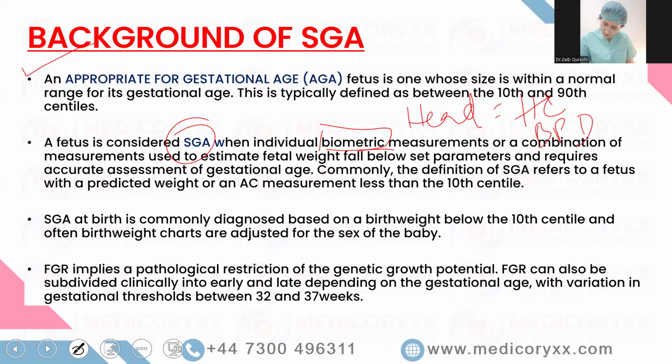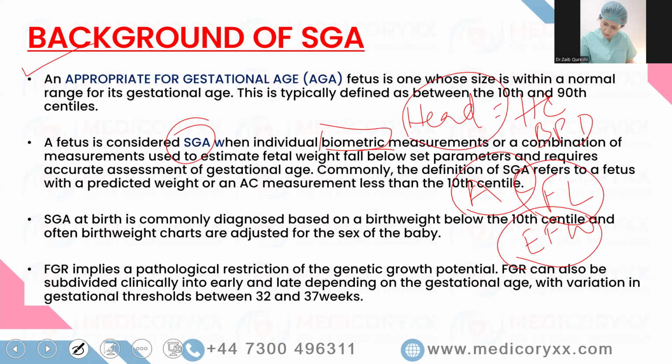We are going to check the abdomen with AC, plus the femur length. Plus, we are going to check the estimated fetal weight. All right. So when all these things come together, then we say, okay, this is fetal biometry.